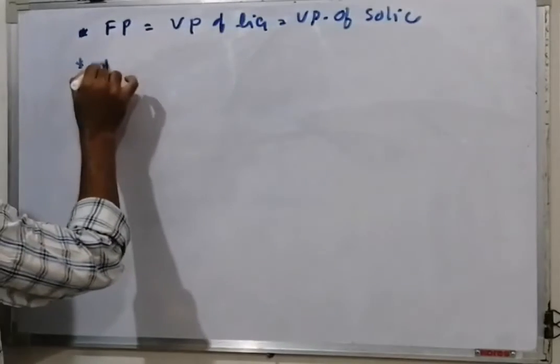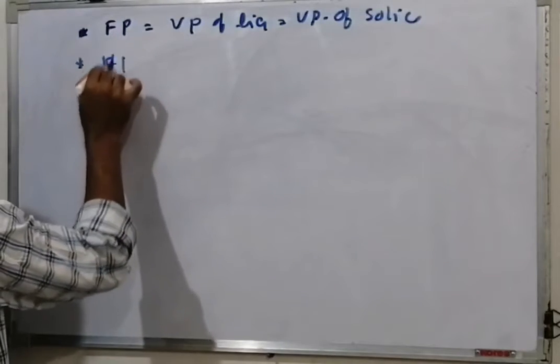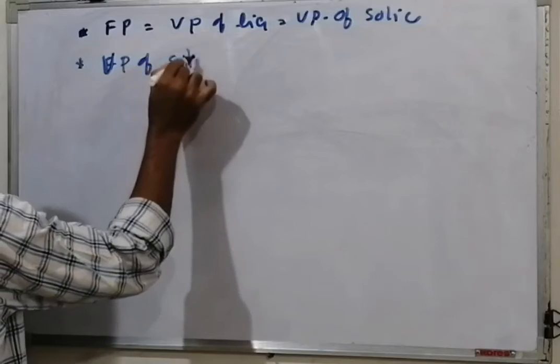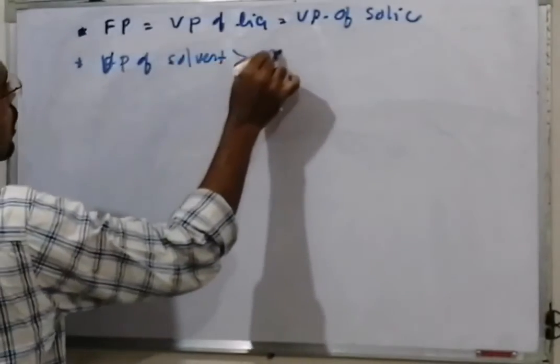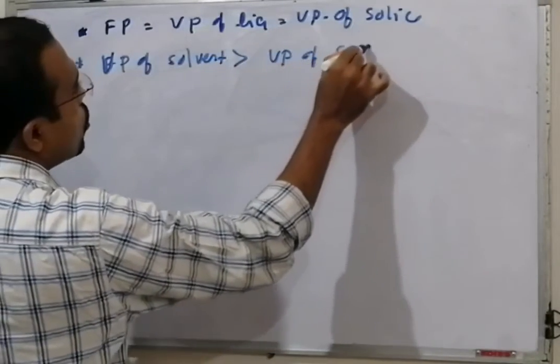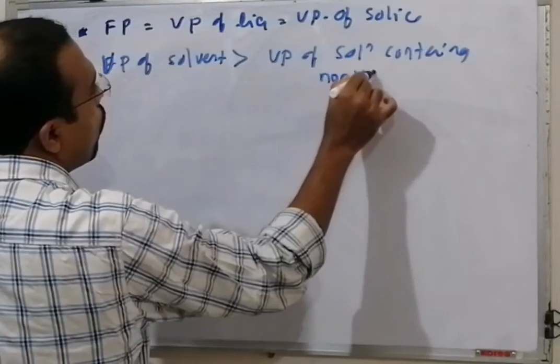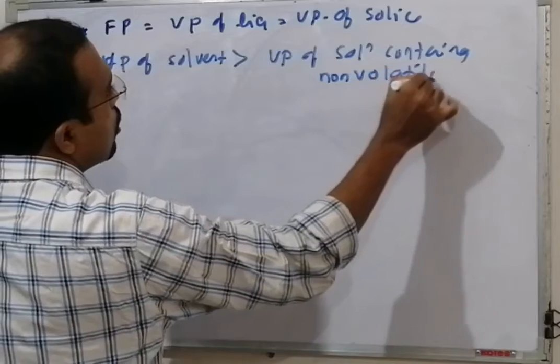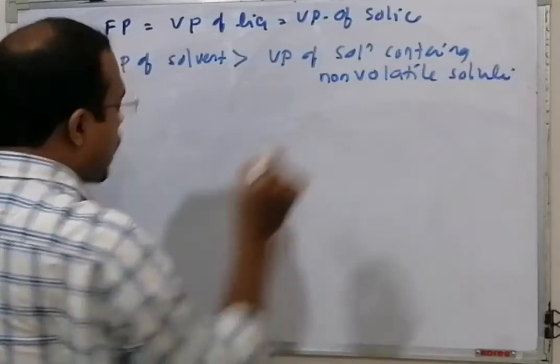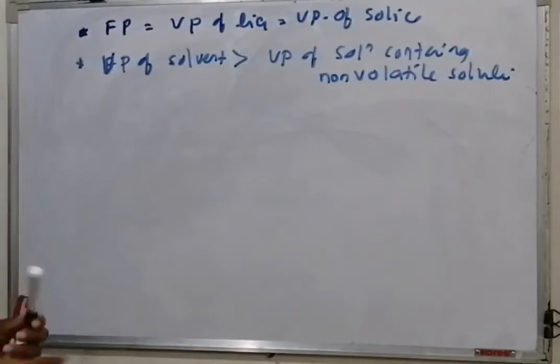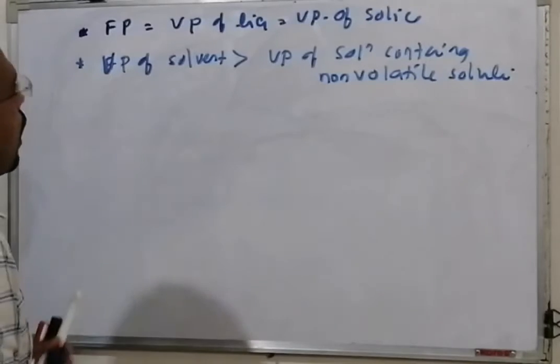Second point, the vapor pressure of solvent is always greater than the vapor pressure of a solution containing a non-volatile solute, at any temperature.